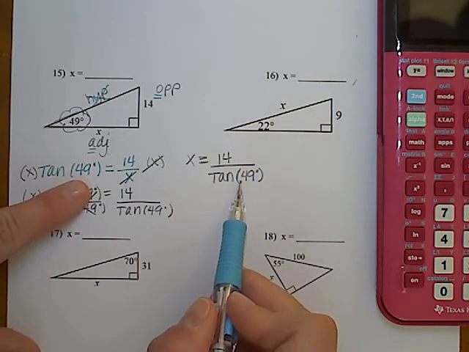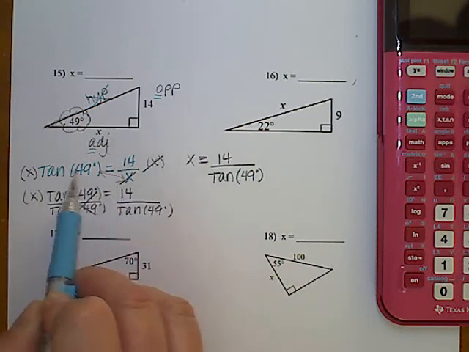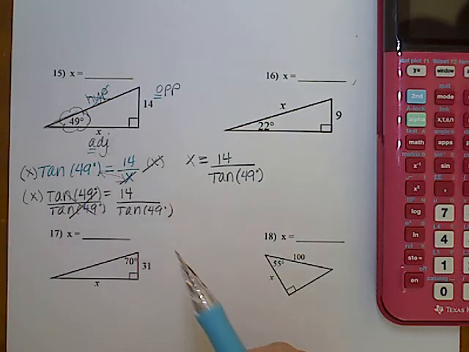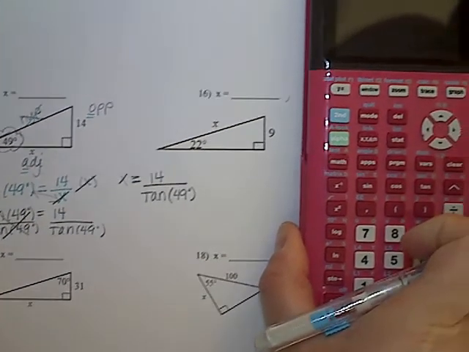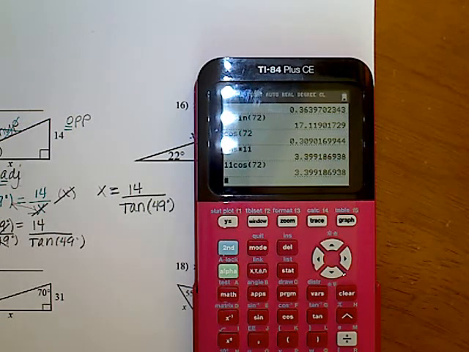So look at what happened: the x and the tangent of 49 degrees changed places. Now on my calculator, I can just take 14 and divide it by the tangent of 49 degrees. And that gives me approximately 12.2.